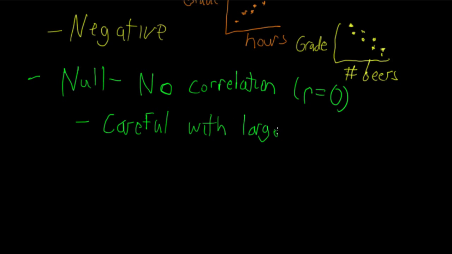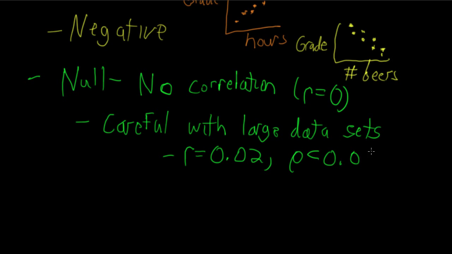One example is a correlation of 0.02 with a p-value of less than 0.05. While the correlation is statistically significant, the clinical significance is going to be debated, and of course it always depends on what you're measuring to determine clinical significance.